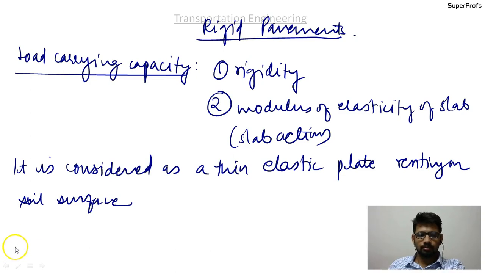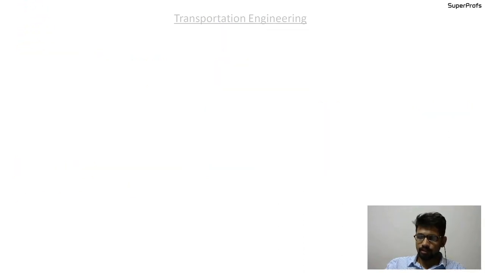So let us now discuss the terms associated with the design of rigid pavements. The first term is the radius of relative stiffness.